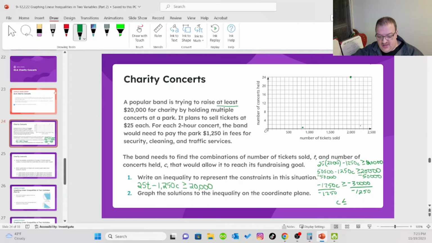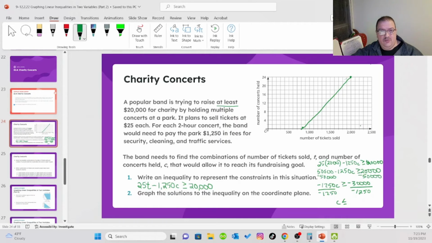Now, because I have greater than or equal to, this is going to be a solid line joining these 2 points. And now I need to know, do I shade to the left or do I shade to the right?